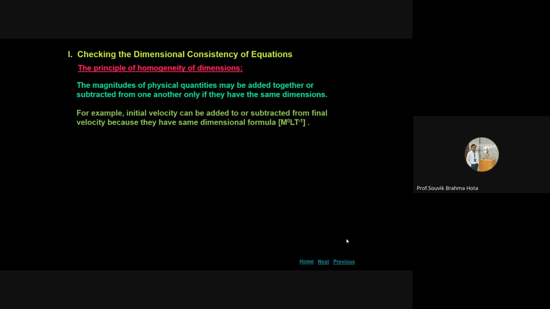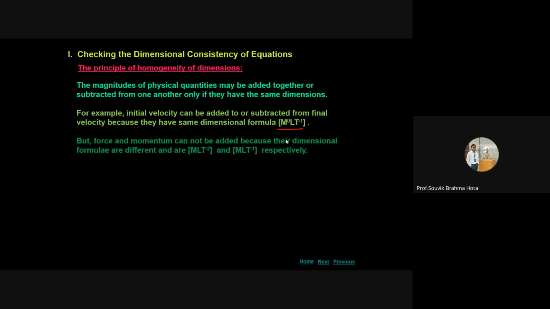What is the dimensional formula for them? M to the power 0, L, T to the power minus 1. Correct? But force and momentum cannot be added because their dimensions are different. For force it is MLT to the power minus 2, and for momentum it is MLT to the power minus 1.